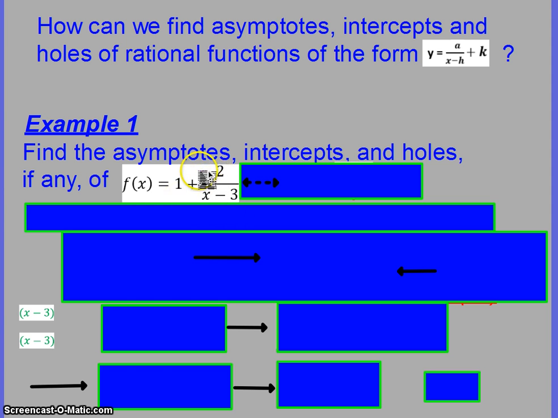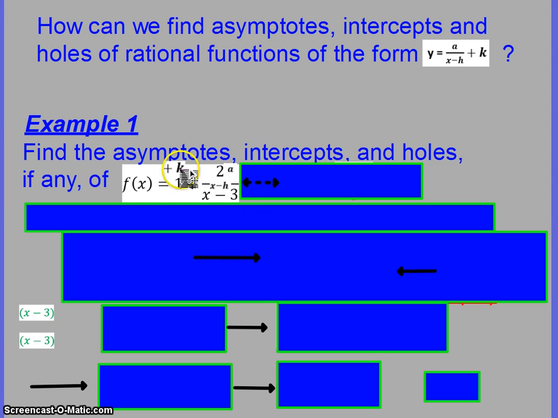Now, if I'm comparing this function to the form that I was given above, this 1 here, hopefully you can see that would be your k. This 2, what letter is that? It's our a. And the x minus 3 is essentially our x minus h.